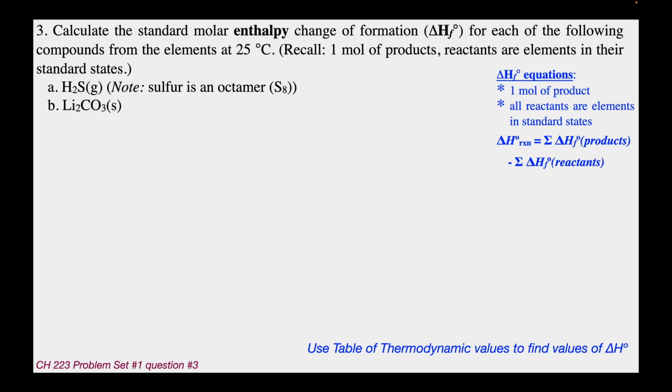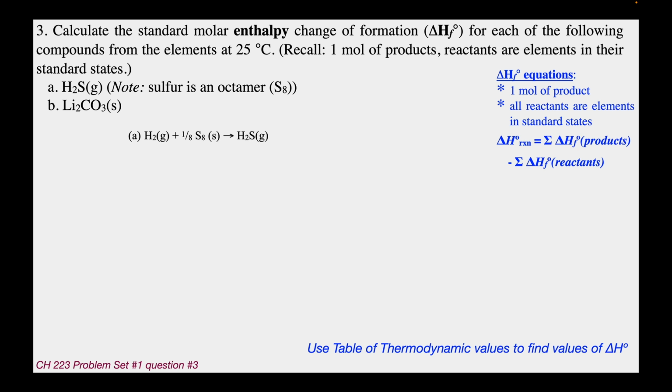Now, normally, I hate using fractions, but with these formations, I have to use fractions as well. If we can only have 1 mole of product, that means there's going to be just 1 H2S, and sulfur comes as 8, so we're going to need to have 1/8 of a sulfur.